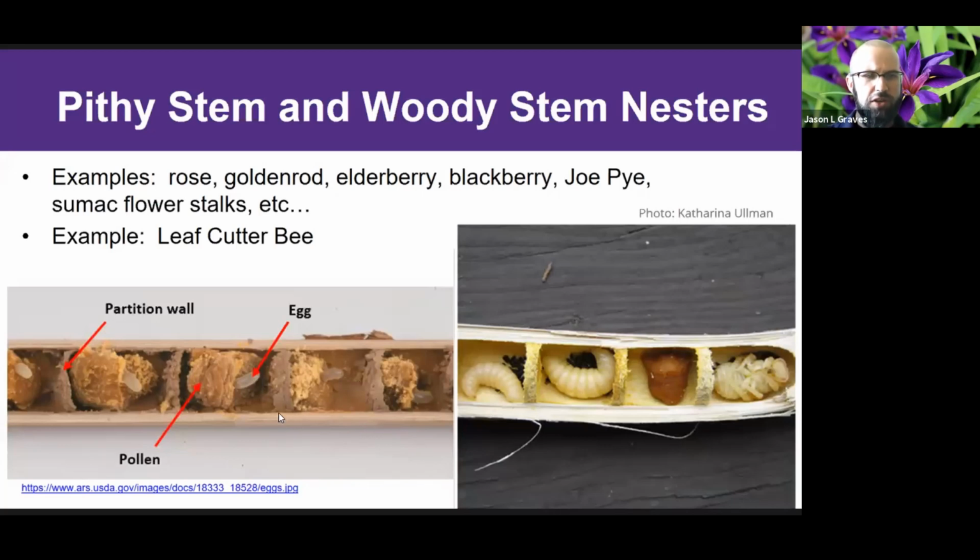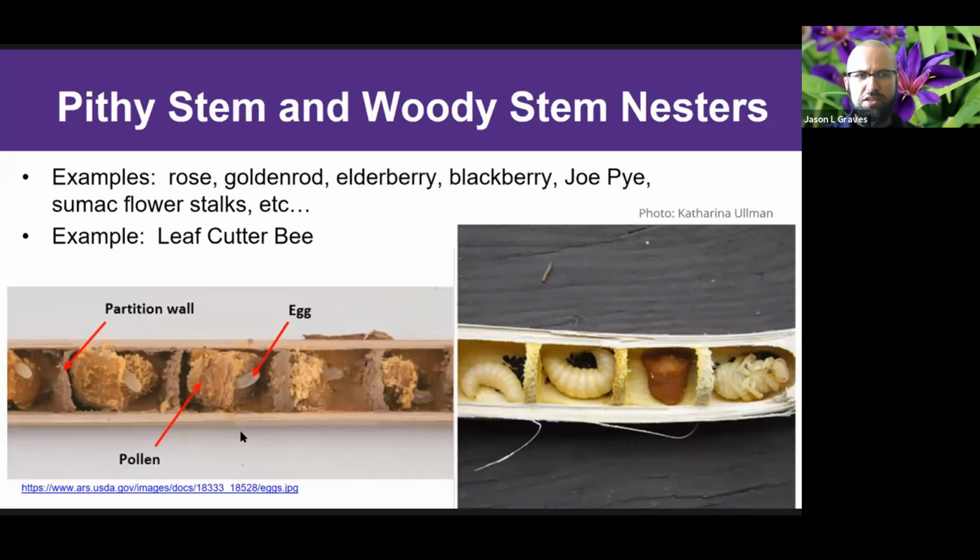And they're going to be provisioning nests within these stems as they work. Typically one egg in a cell with a pollen bundle for that new developing larva to develop with, and then as it matures, it will hatch out of that actual stem.